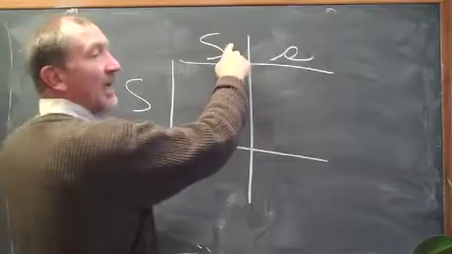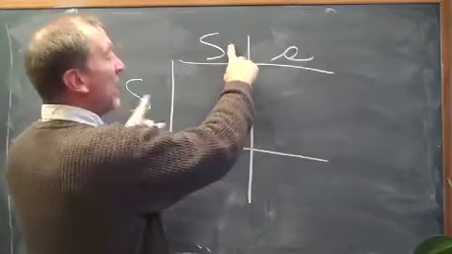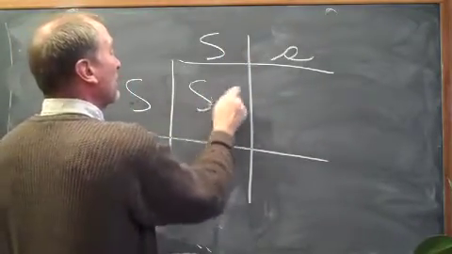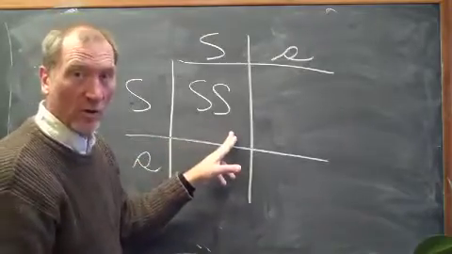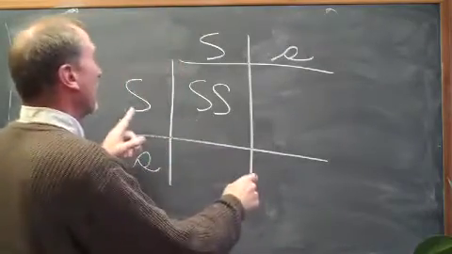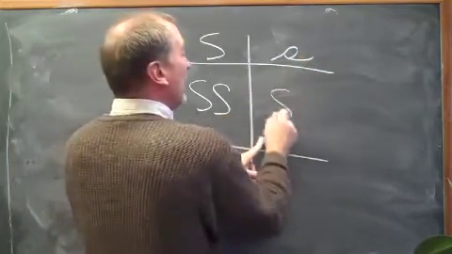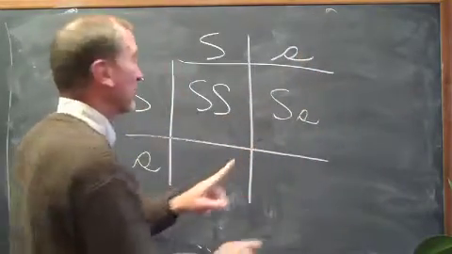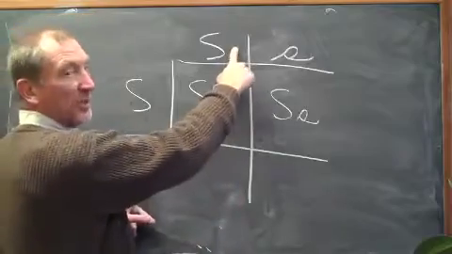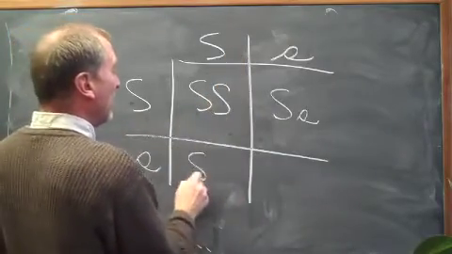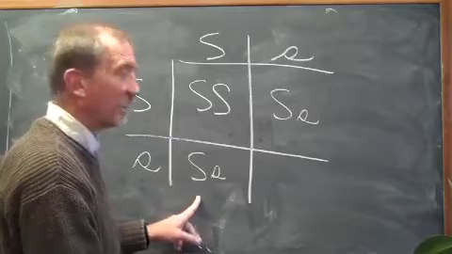We have a male gamete that's big S and a female gamete that's big S. The zygote that's going to form is the homozygous dominant. If the male is small s and the female big S, then it's going to be heterozygous. Likewise, if the female is small s and the male's big S, it's also going to be heterozygous.